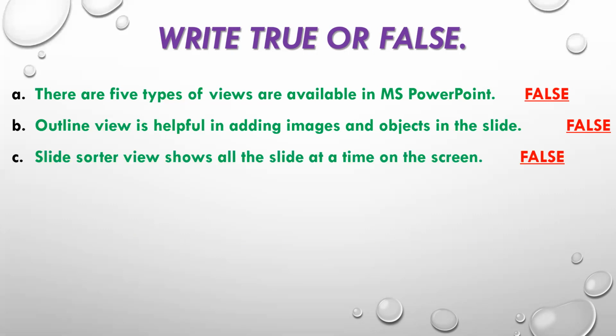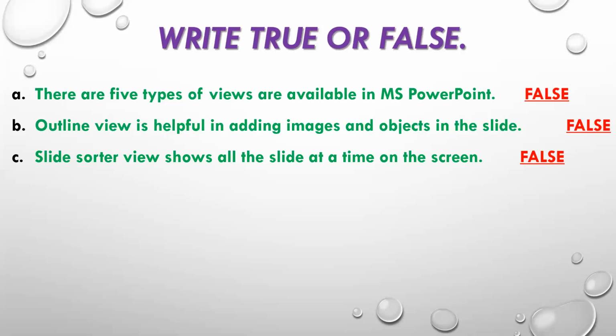Next, slide sorter view shows all the slides at a time on the screen. This statement is also false, because slide sorter view shows us several slides on the screen at a time.